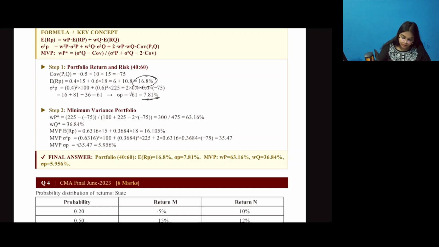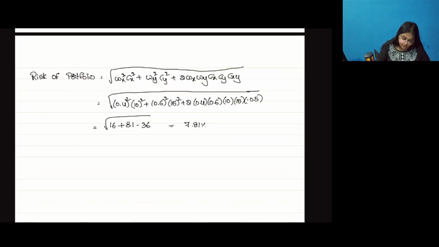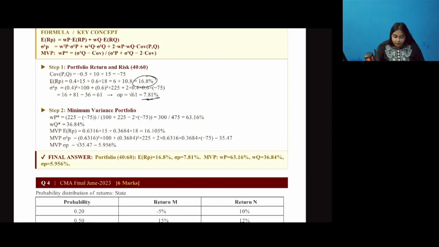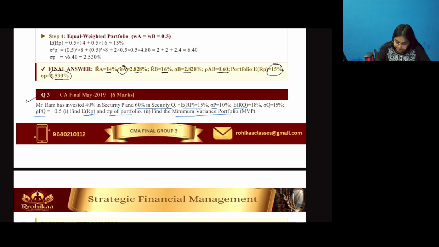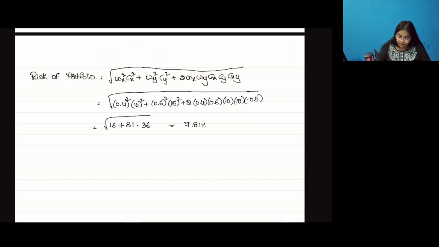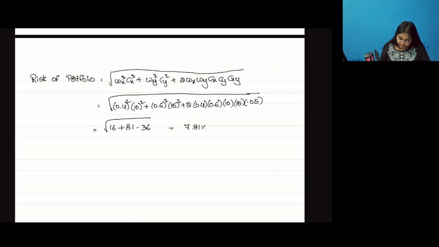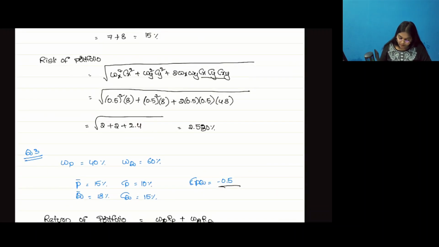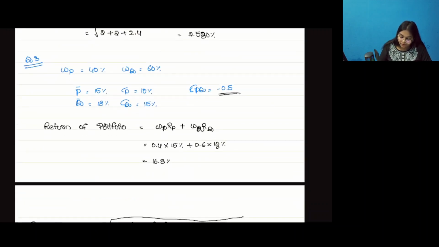So 7.81%. Next, the question they have asked was minimum variance portfolio. So here the correlation coefficient is minus 0.5, that is other than minus 1.